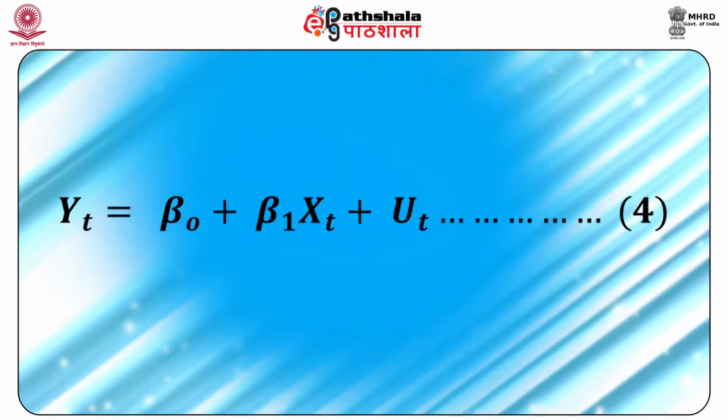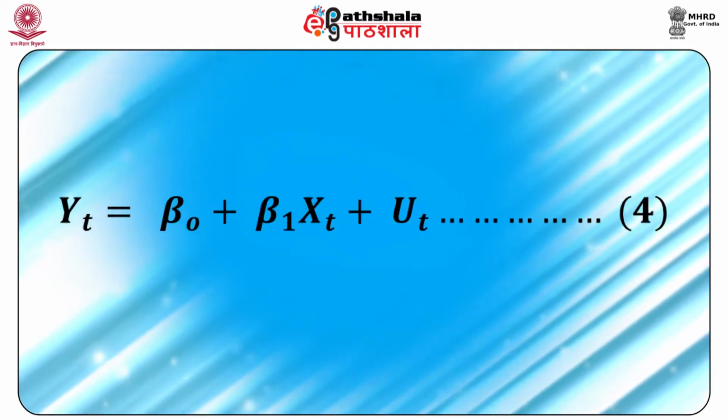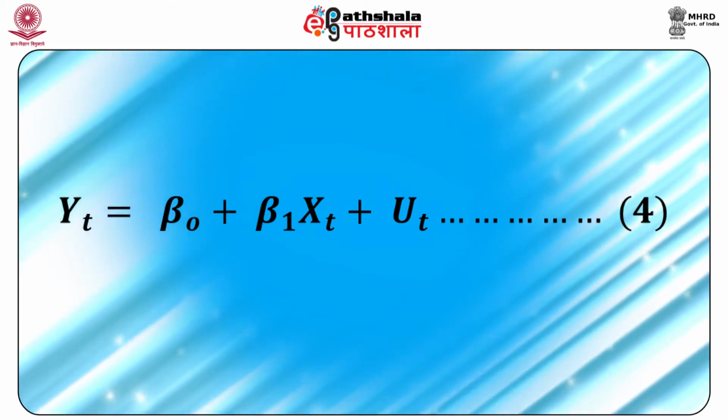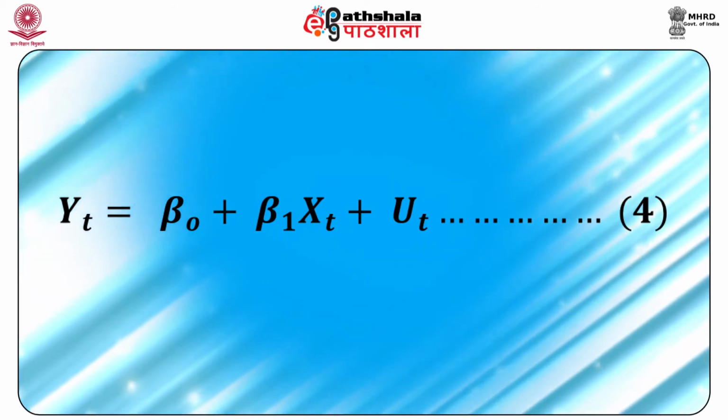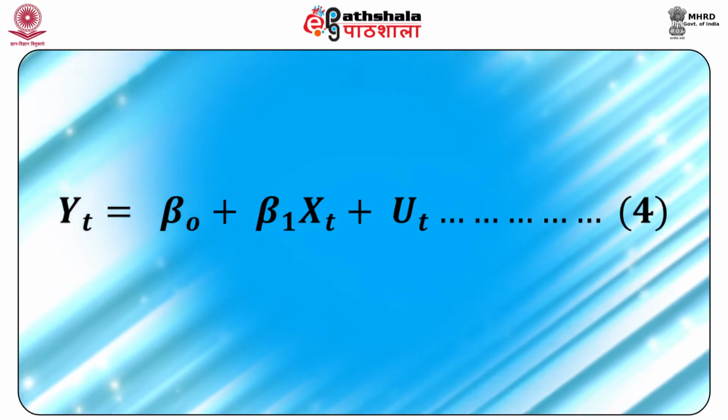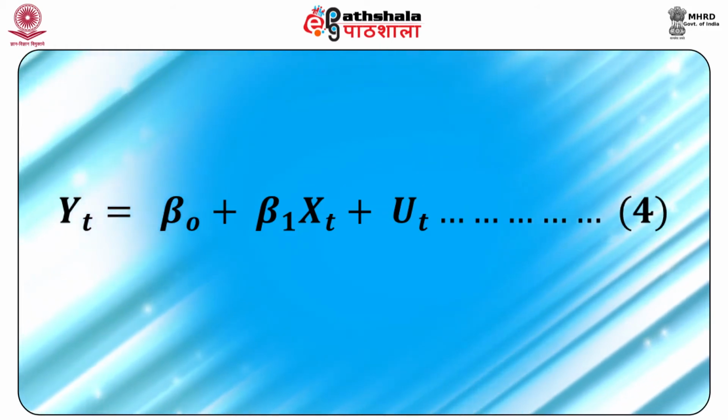Let us now interpret this equation, which is our equation 4. The equation says that the expenditure on consumption of an individual family for a given income level can be expressed as the sum of two components.